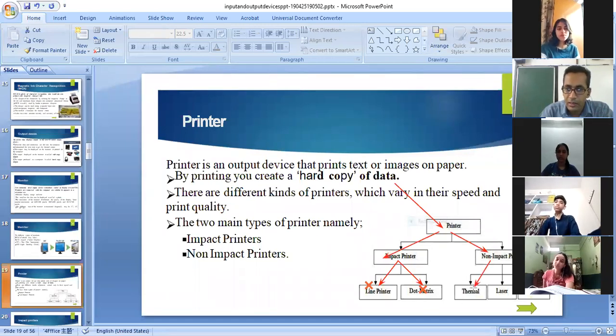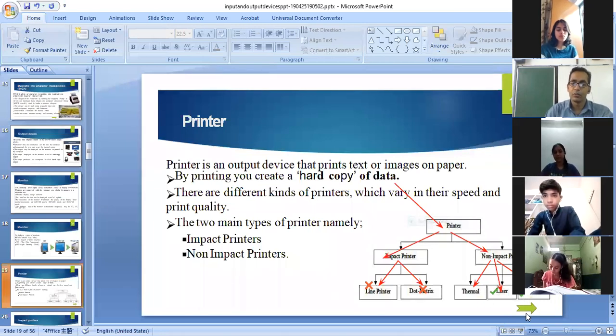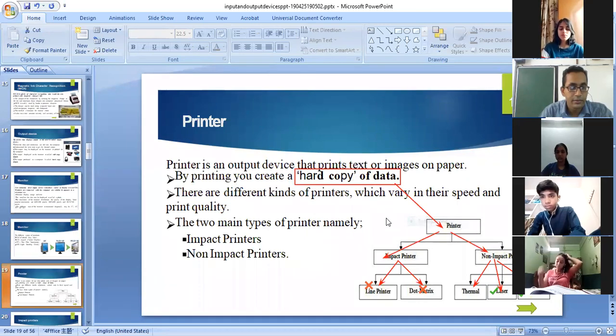A non-impact printer is a thermal printer, laser printer, and inkjet printer. The most we use are the laser printer and the inkjet printer. These are the most widely used printers. And what do they give us? They give us the hard copy of the data.